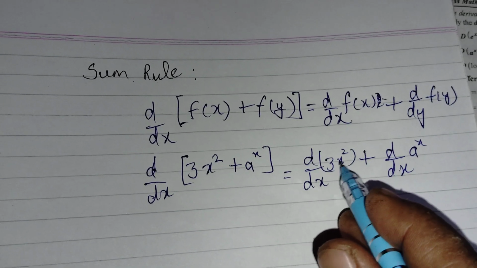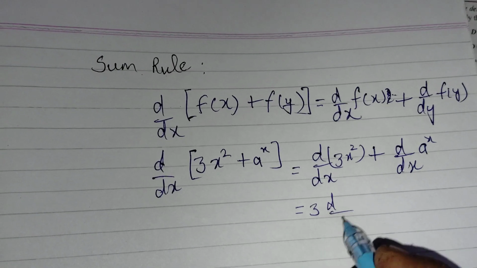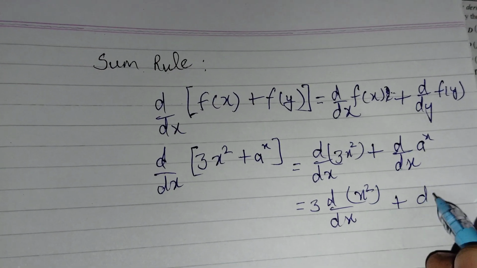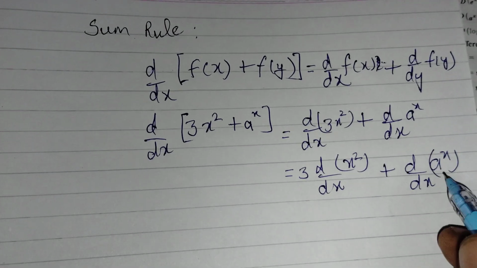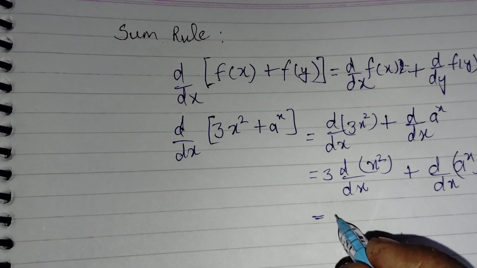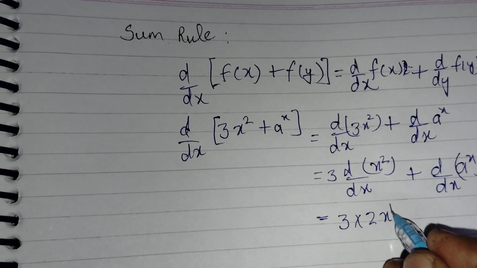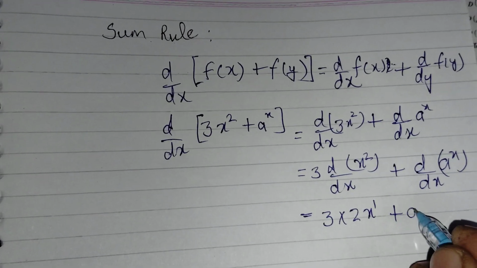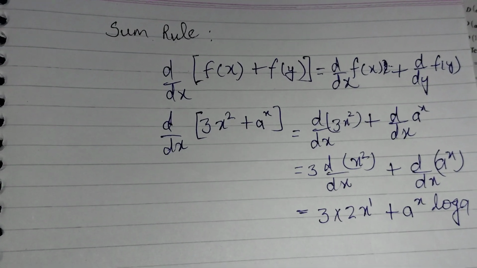So 3 is a constant multiple of x square, so 3 comes in front of d by dx of x square, only x square's differentiation we need. And similarly we know the differentiation of a power x, and we have to use that formula here. So 3 is written as it is, x square's differentiation is 2 into x power 1, according to the power rule, and a power x's differentiation is a power x log a. So this is the answer.